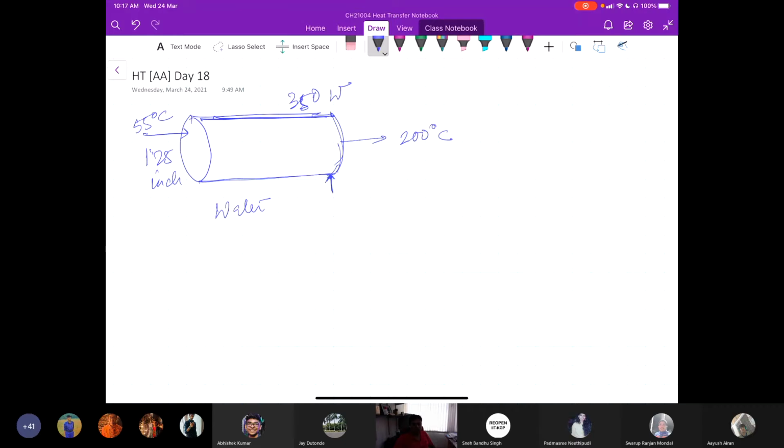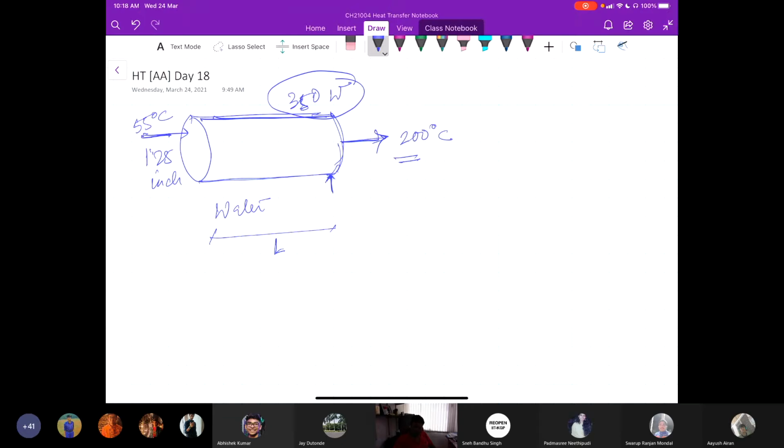So the question is, what is the surface temperature and the length of this tube that is required to have this outlet condition, that it would enter at 55 degrees centigrade and go out at 200 degrees centigrade, where we have a constant surface heat flux condition, 350 watt.